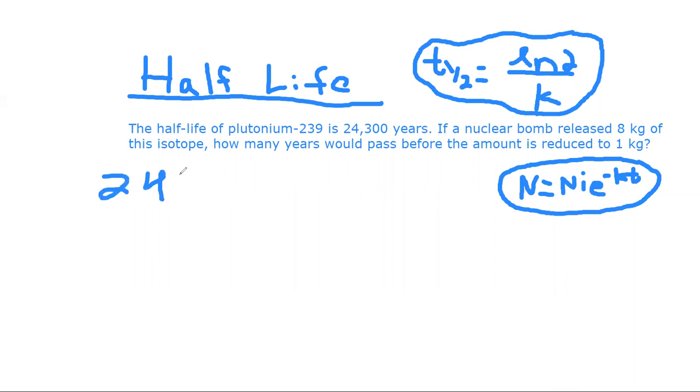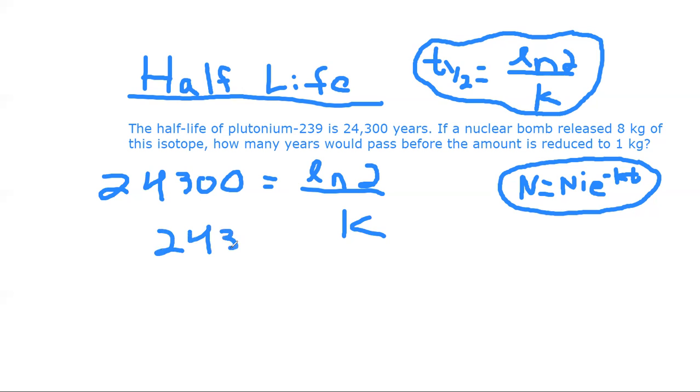So we would have 24,300 equals ln of 2 over k. And now we can solve for k by multiplying k on both sides, which would give us 24,300 k is equal to ln of 2.